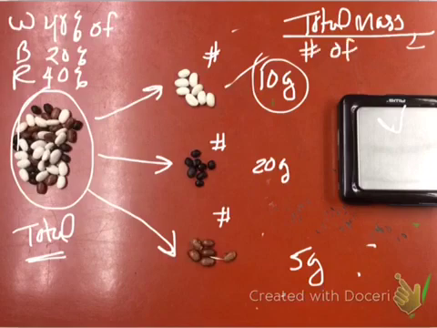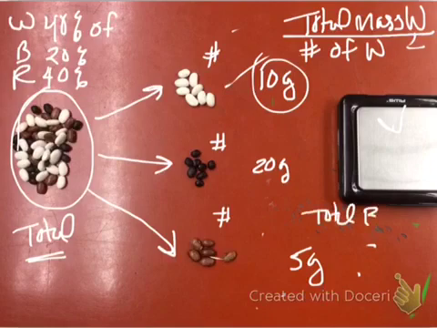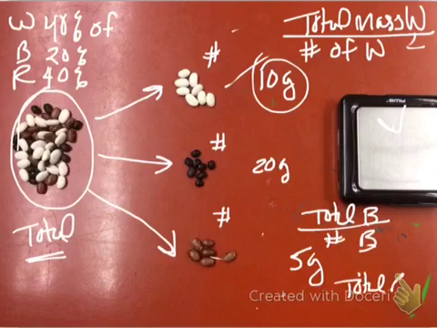So the total mass of the white divided by the number of white beans. I'm going to take the total mass of the black and divide it by the number of the black. And then I'm going to take the total mass of the red and divide it by the number of the red. That's going to give me my average. So let's try that here.